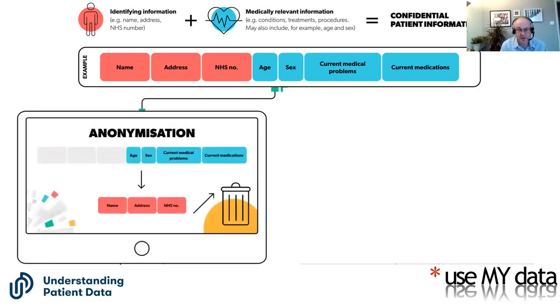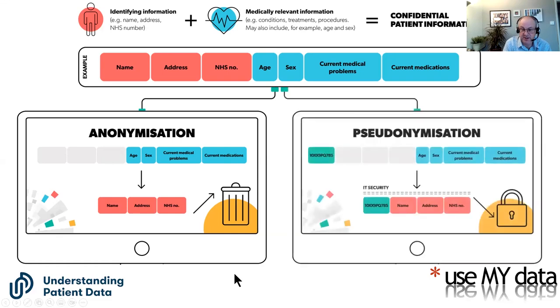If you want to anonymize things, the process of anonymization, as I said before, retains the things there in blue, takes off the identifiers in red, and throws them in the bin. So what the researcher would see is just a data set, a file, which includes those bits in blue. Pseudonymization, subtly different, in that it generates a green, random, jumbled number.